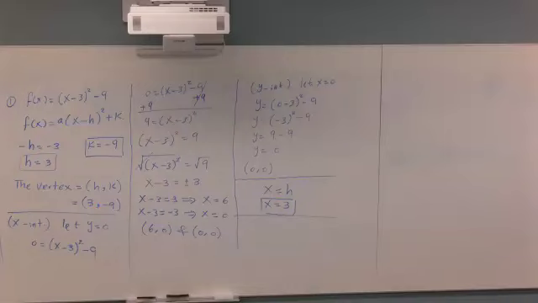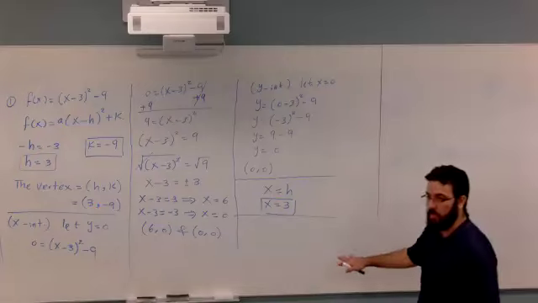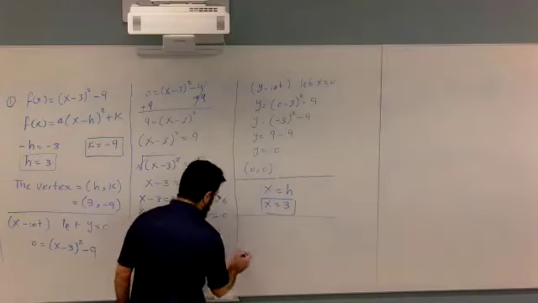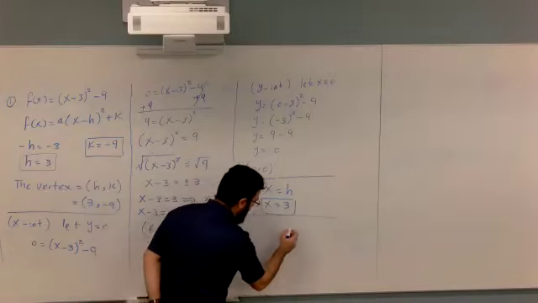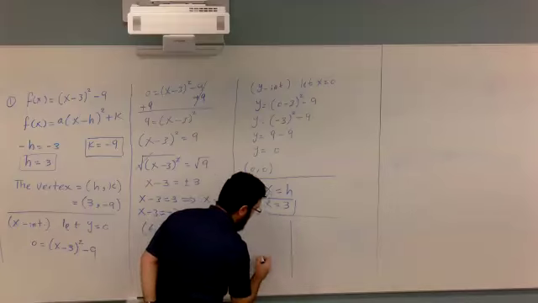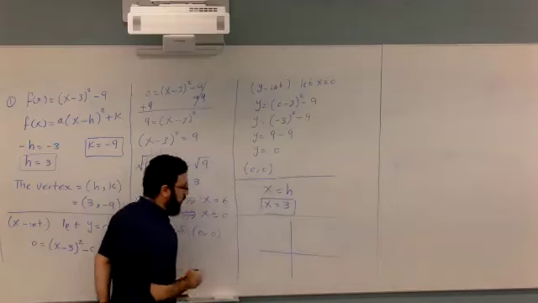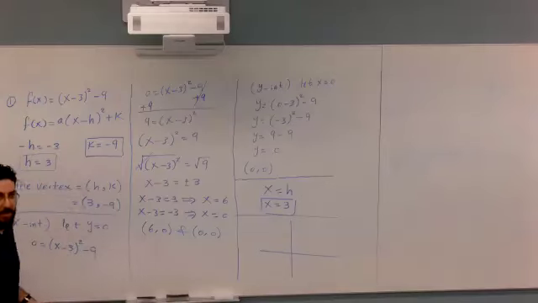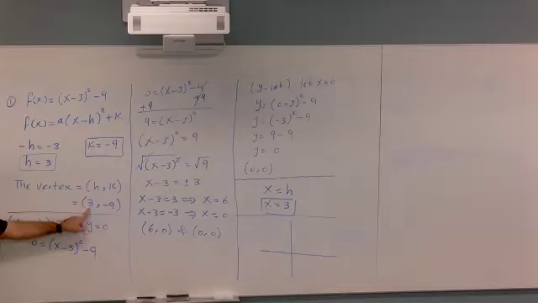So if you want to do a simpler graph, let's do a simpler graph about this one. We can graph it now. Where is the vertex? The vertex is (3, -9), right?